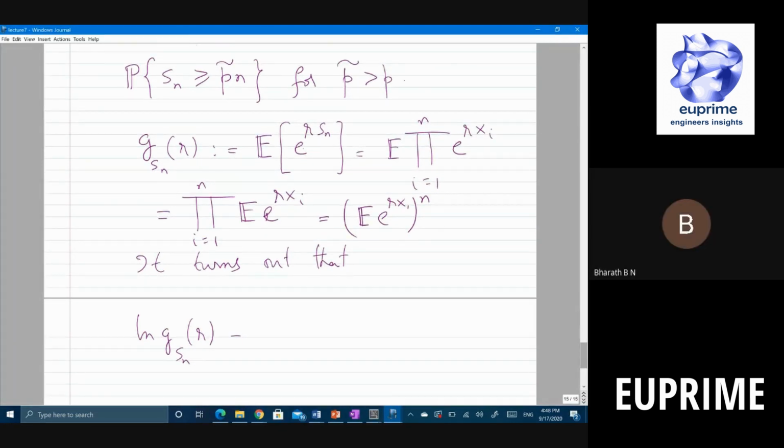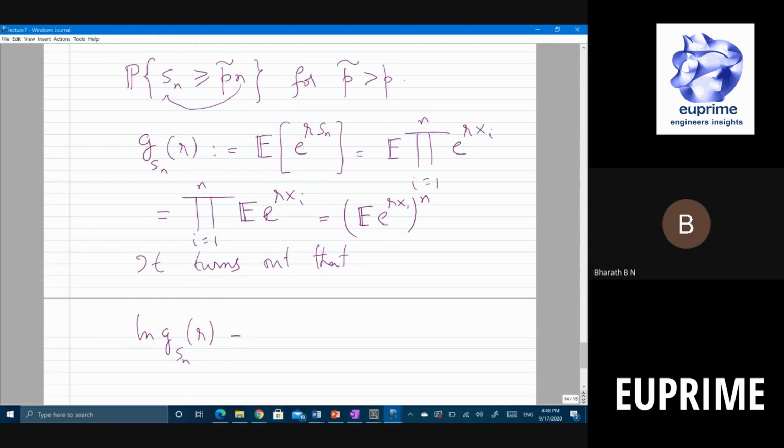Okay, just give me one minute. I'll do a small change here. I'll pull this n here. I'll do 1 by n Sn, that's the average, greater than or equal to p tilde. Is that fine? So I won't do Sn, I'll do Sn by n.